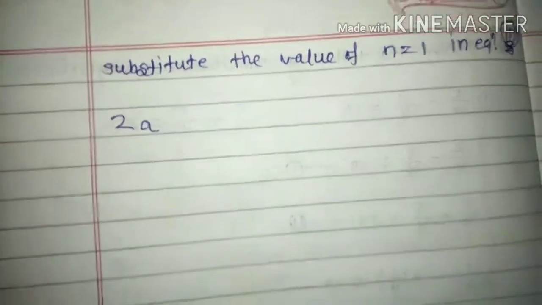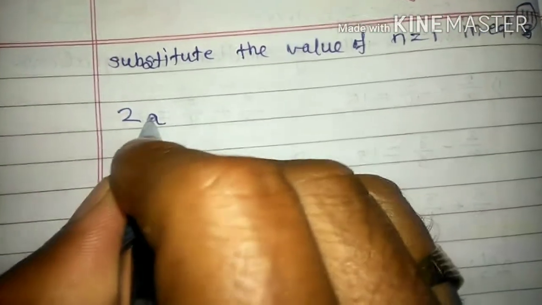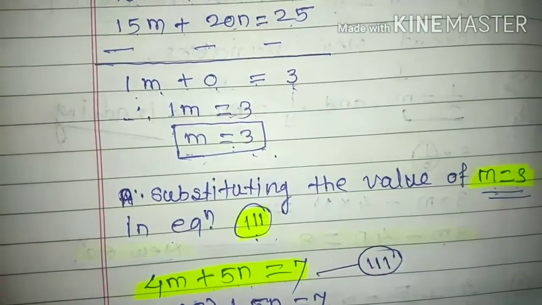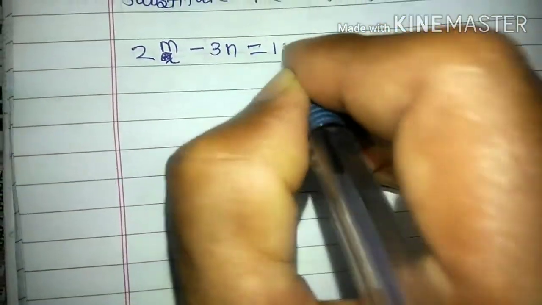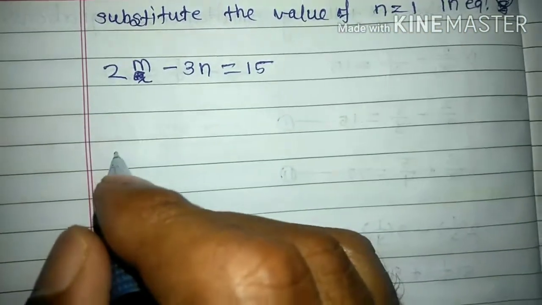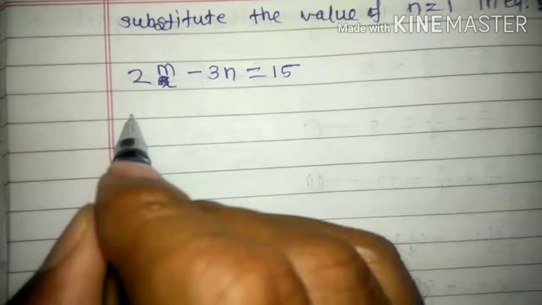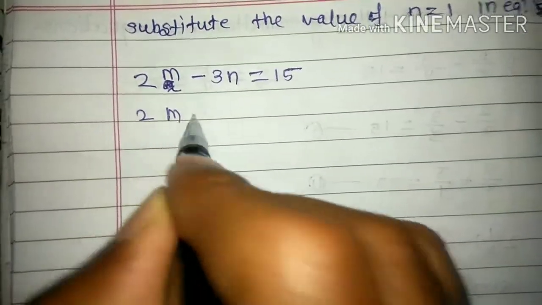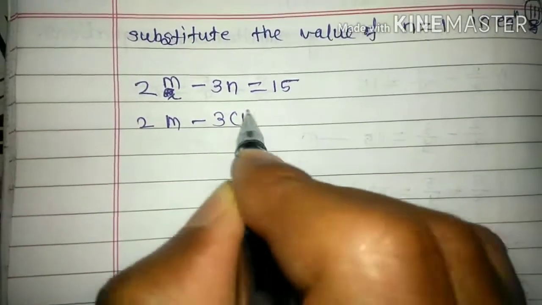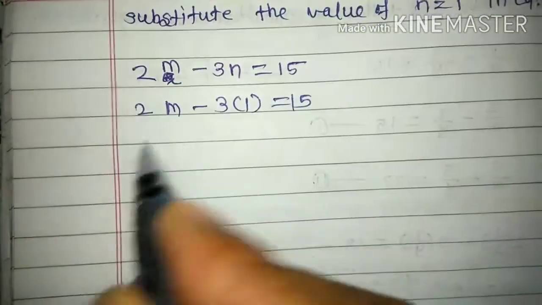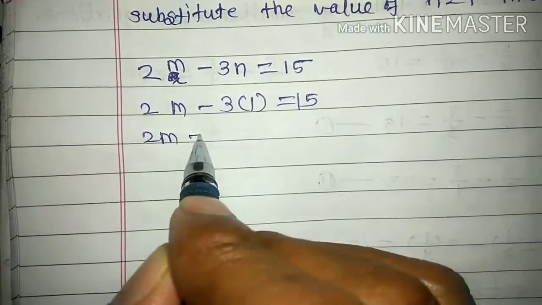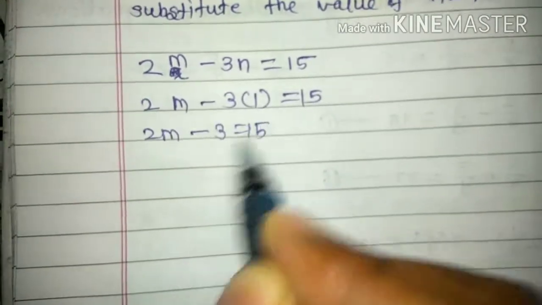Equation 3 is 2m minus 3n is equal to 15, and in this equation 3, adding the value of n is equal to 1, therefore 2m minus 3 into 1 is equal to 15. Now 2m minus 3 is equal to 15.